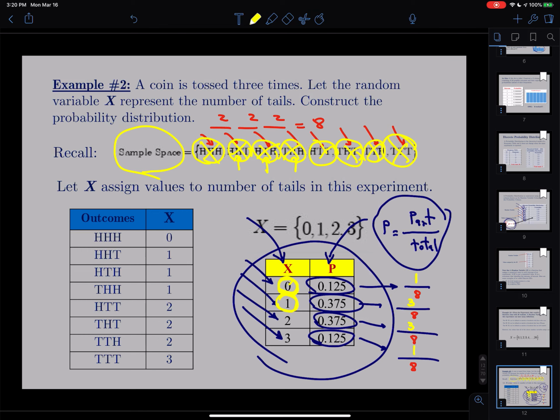So we could do the same thing for 4 coin tosses, 5 coin tosses. Of course, the sample space will be larger and it'll be more of a pain, but the concept, the structure will still be the same. You first figure out your outcomes. You write them, whether it's 0 to 3, 0 to 4, 0 to 5, 0 to 6, it doesn't matter. Then you realize that all the probabilities are going to be some kind of fraction.